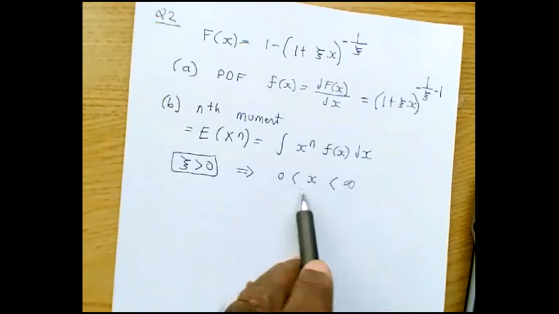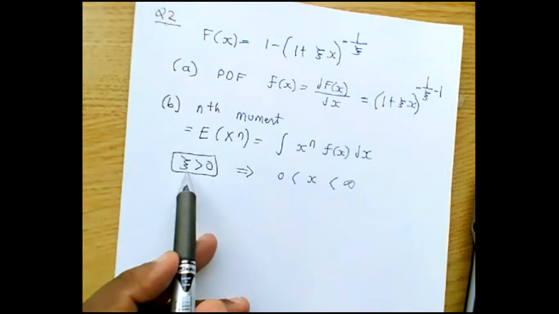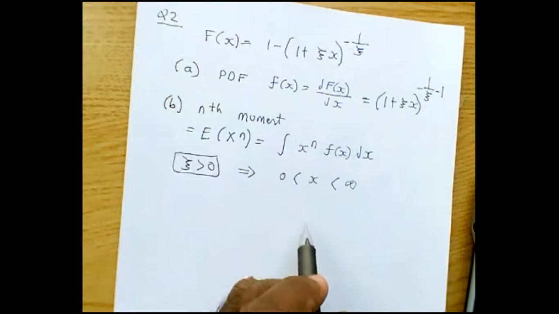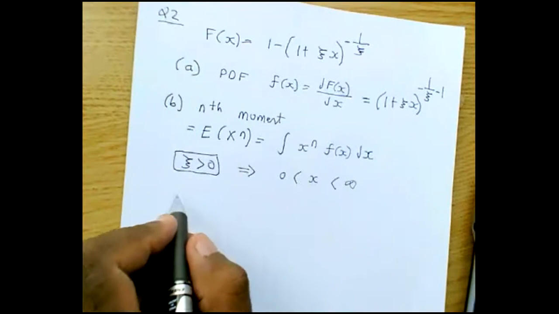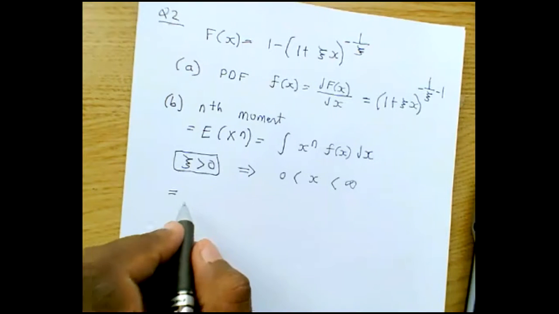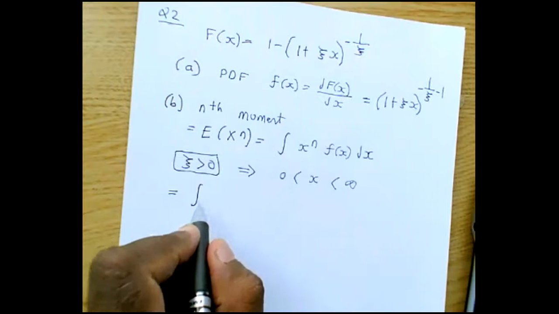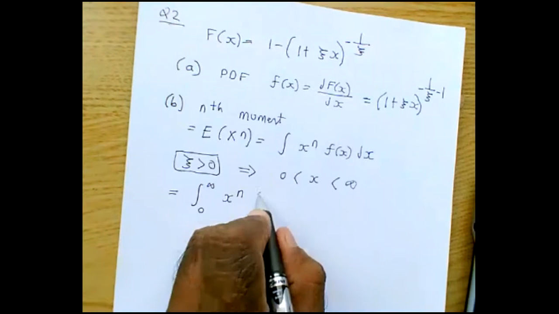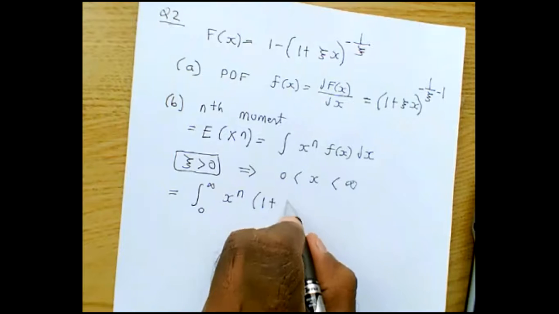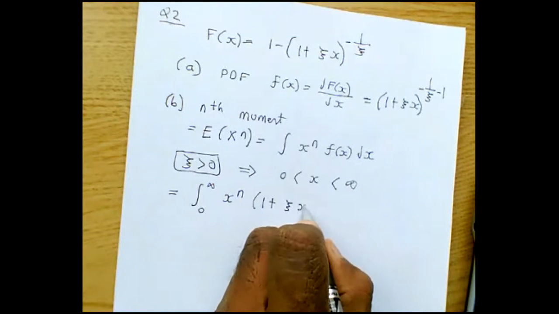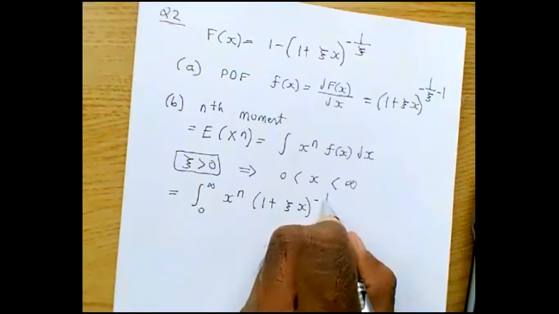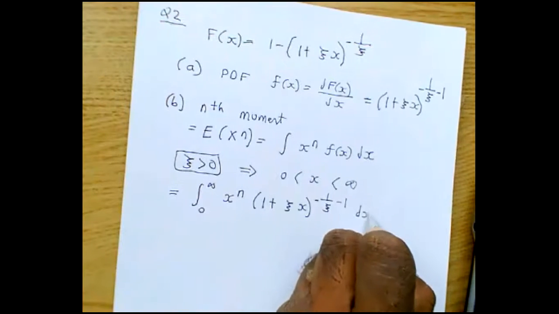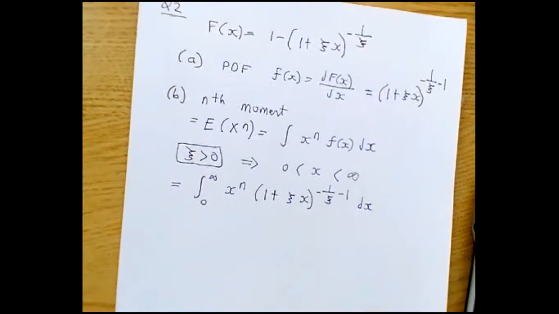If you go back and look at the video, you will see this. If you have a positive shape parameter, then the domain is from 0 to infinity. So this integral will become 0 to infinity of this.